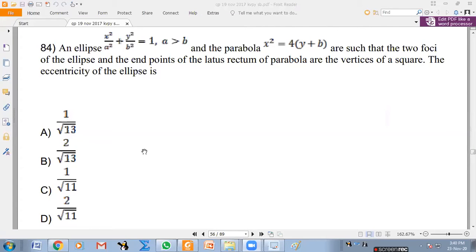So at least, eccentricity is equal to AE by A, which is 2 by root 13. So root 2 by root 29 is also valid, and 2 by root 13 is also valid. One of them is this kind of figure. One of them is this. Okay for 84?